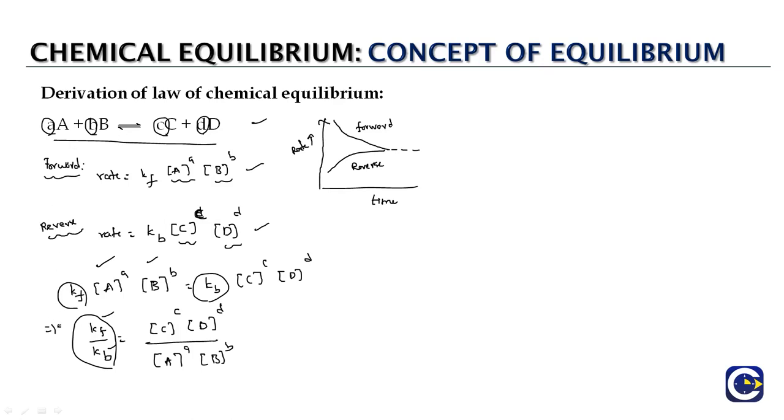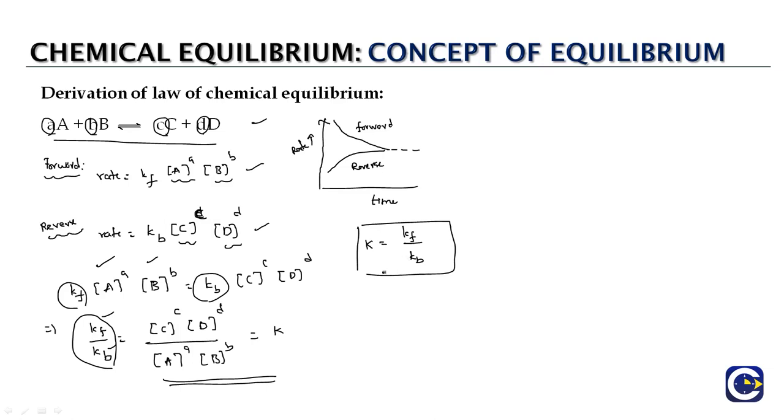So Kf will be for the forward reaction and Kb will be for the backward reaction, and this will always be a constant at a given temperature, and this is what we are calling the equilibrium constant K. So in other words, we can also look at the equilibrium constant K as the rate constant for the forward reaction by the rate constant for the backward reaction. So this is about the idea of the law of chemical equilibrium.